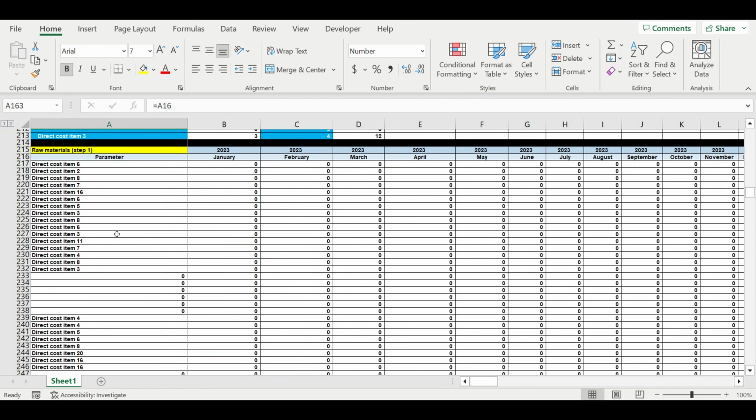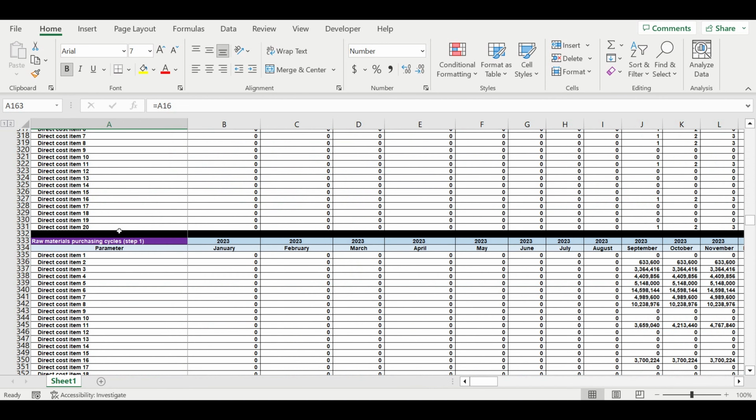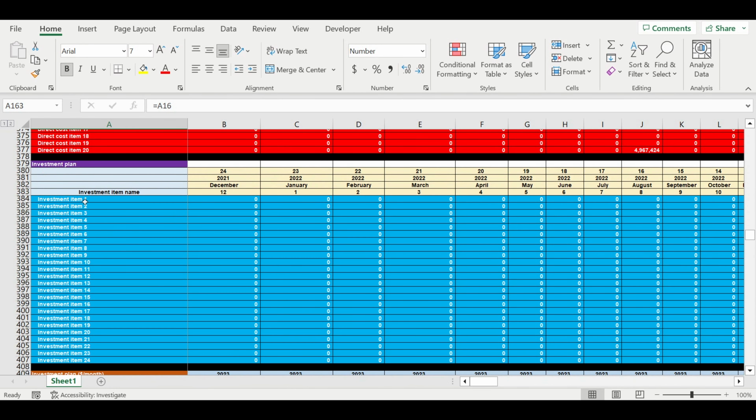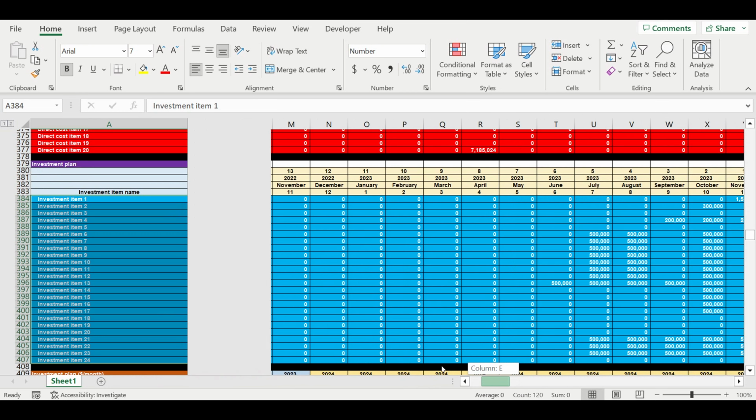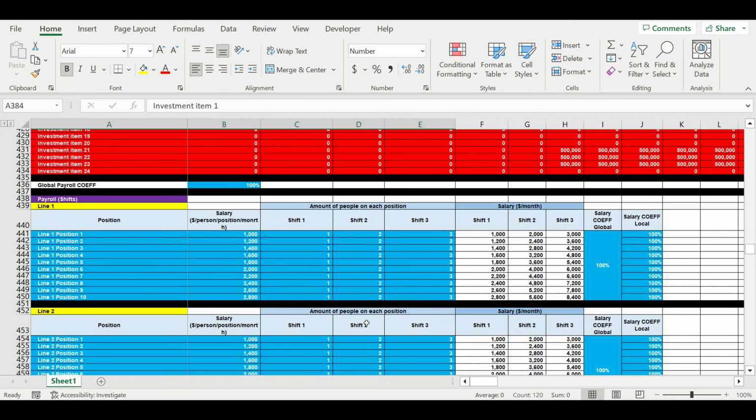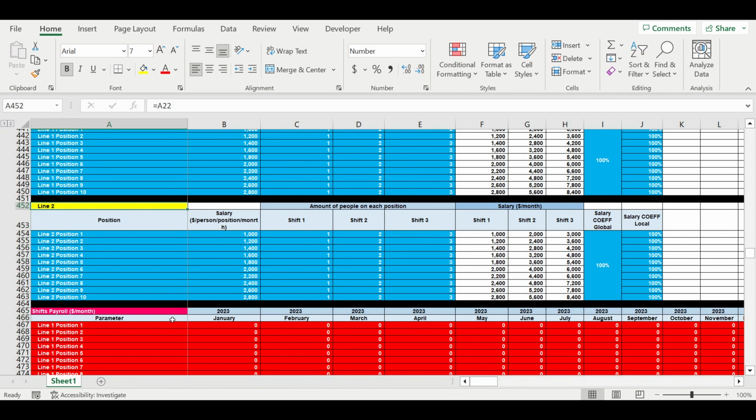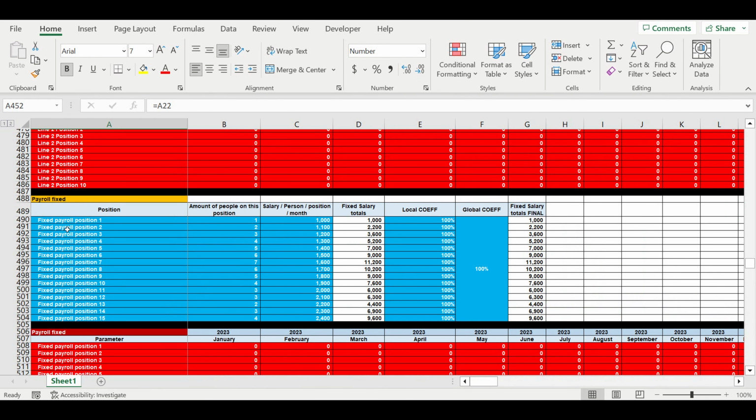participate in our products, product A and product B manufacturing process. Then we started modeling the investment plan. Then we started working on the payroll that is linked to line number 1, line number 2. Then we worked with payroll that is linked to the amount of units of products produced, product A and product B. We worked on fixed payroll.